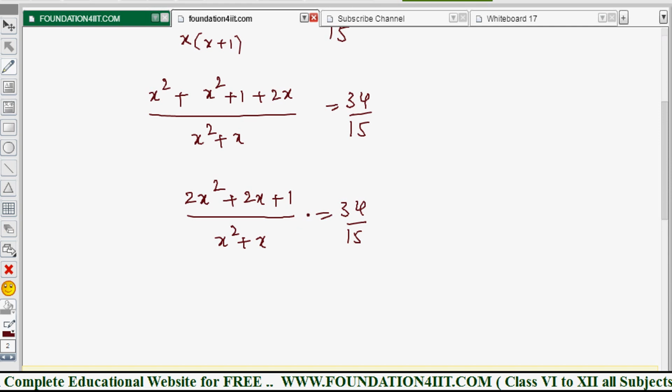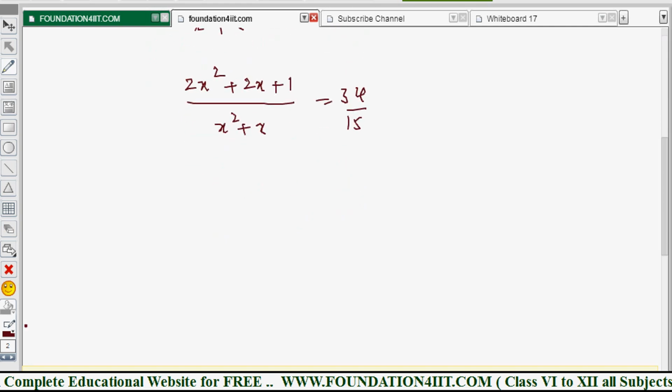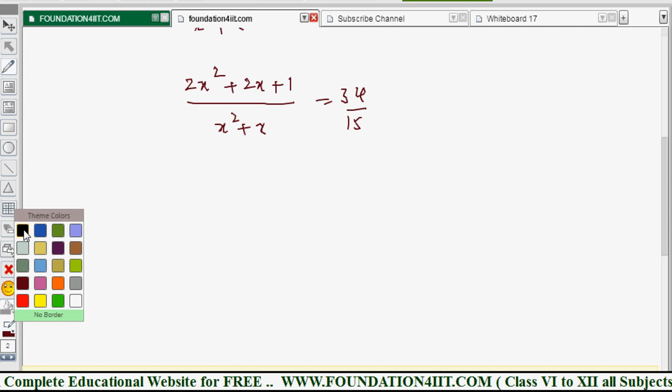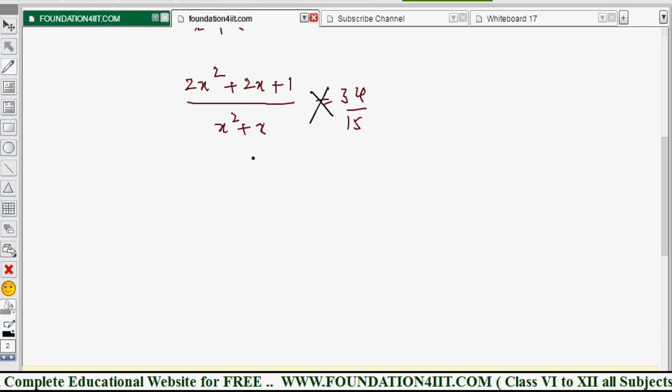Now the next step: just do cross multiplication on this sum. That is 15 into this entire expression: 15 into 2x square is 30x square, 15 into 2x is 30x, and 15 into 1 is 15. On the other side, 34 into x square is 34x square, plus 34x.